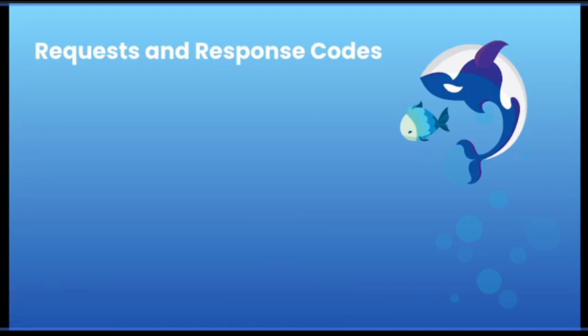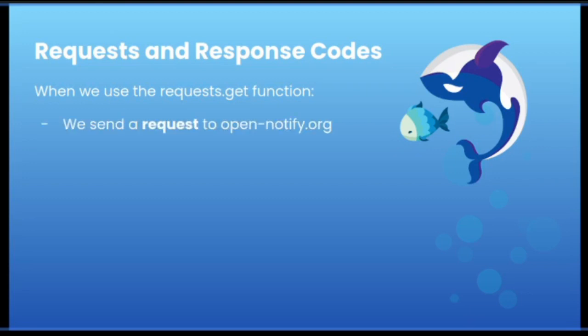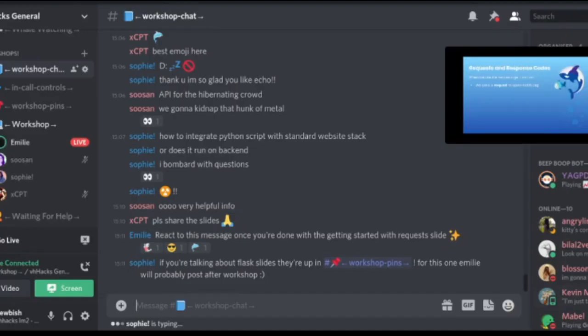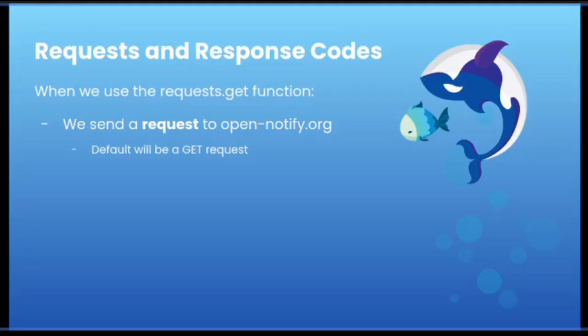So let's talk a bit about requests and response codes, because those are kind of interesting. When we use that requests.get function, we send a request to opennotify.org. This is basically Python going to opennotify.org and saying, hi, I would like some information, thank you. That default request is going to be a GET request.